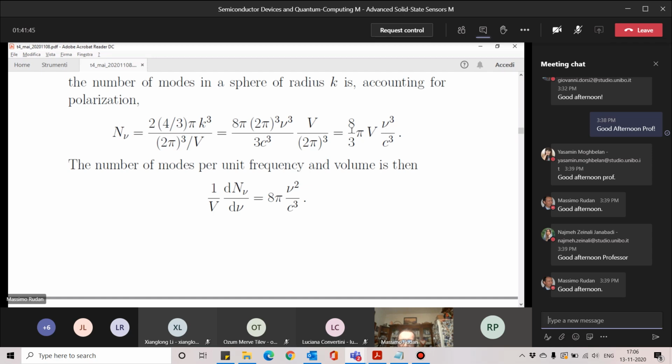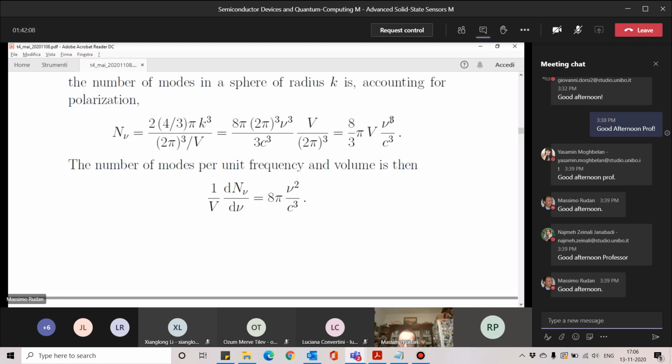But we need the number of modes in the shell. So we must increase ni by an infinitesimal. So we take the derivative. When we take the derivative, the 3 here cancels the 3 in the denominator, and we are left with ni square.